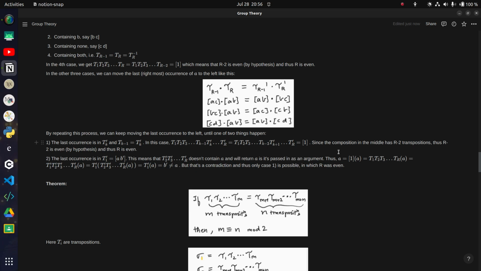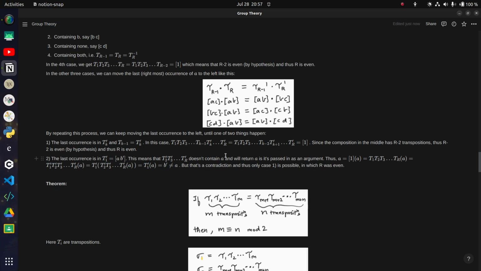But T2 dash, T3 dash till T R dash does not contain A. So when you pass A as an argument to this function, you just get back A. But then when you pass it through T1 dash, since T1 dash is not the identity element, it sends it to something else.